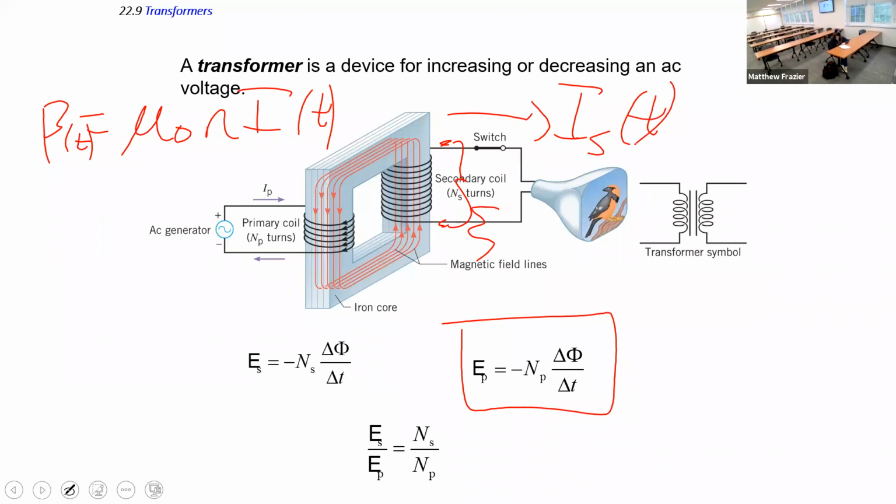Now, the point of this is the changes in flux are supposed to be equal. That's the whole point of building it as a transformer. And we model an ideal transformer such that they are equal, which means we can make this relationship: the ratio of the voltages on the transformer is the ratio of the number of coils.